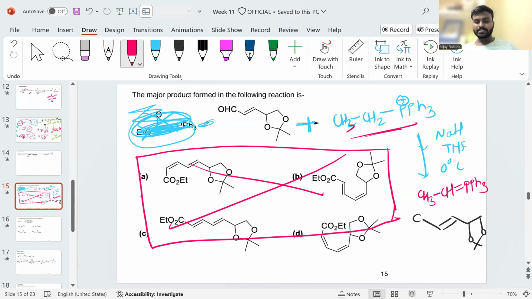That's the reactive Wittig salt and it reacts with this aldehyde. The hydrogen will also remain the same. It will form this product which has the Z geometry. I hope you are able to solve the question from the Wittig now.